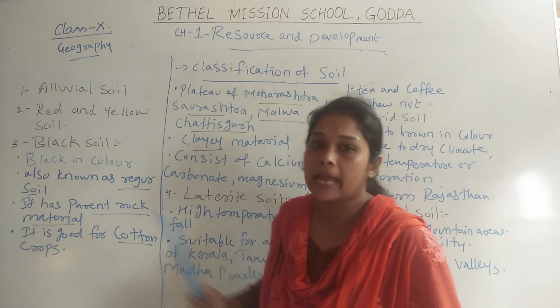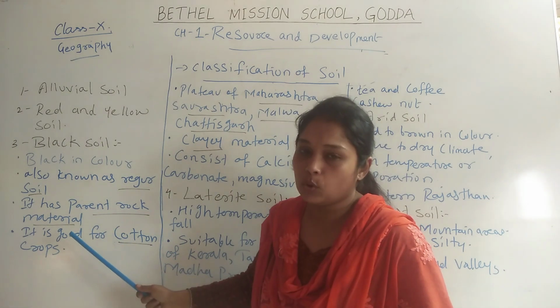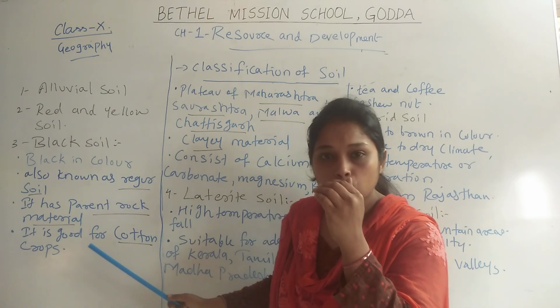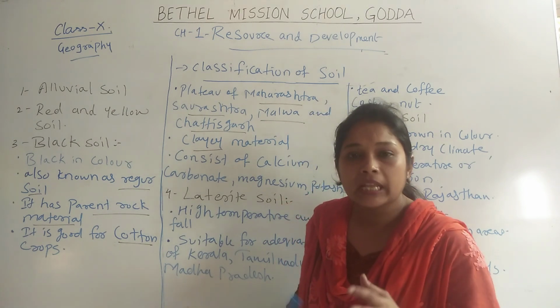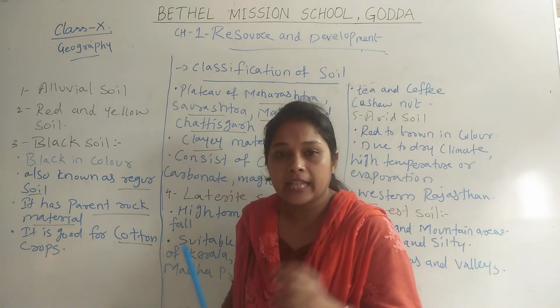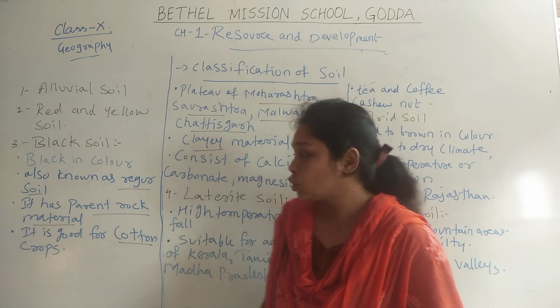It has parent rock material, which means when we go to the third layer of soil, many rocks have broken down into small particles, and those small particles make black soil.